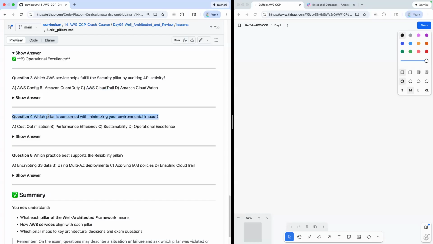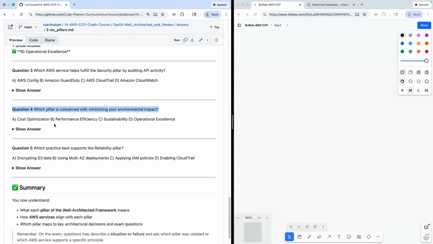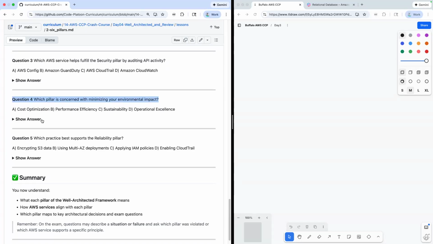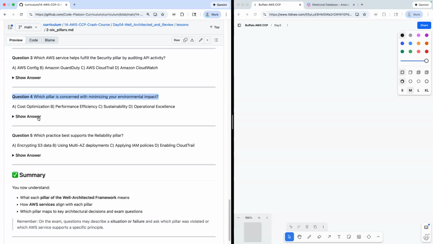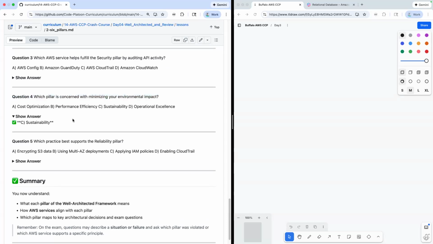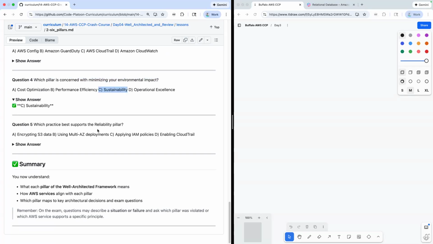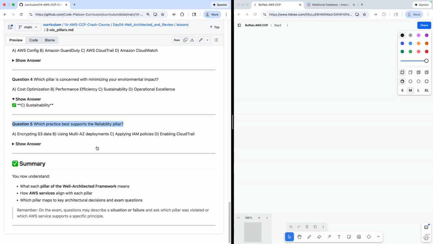Good job, man. And Rick, what pillar is concerned with minimizing your environmental impact? This one is a gimme, and the answer here is C. Yeah, it's sustainability. I'll tackle the last one. Which practice best supports the reliability pillar?